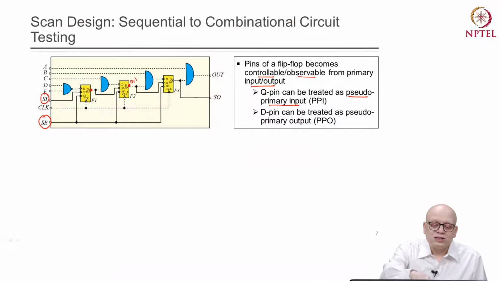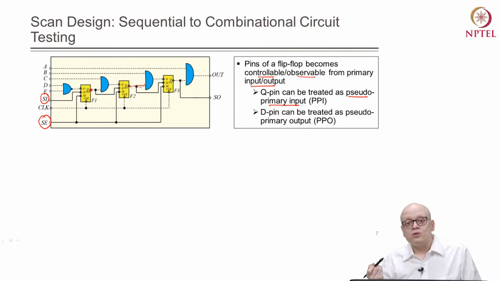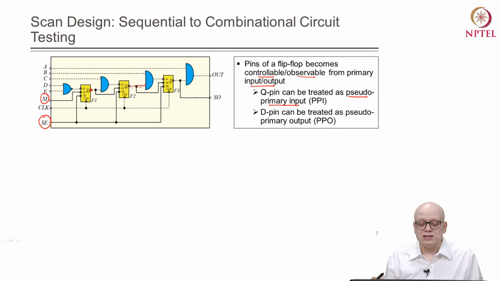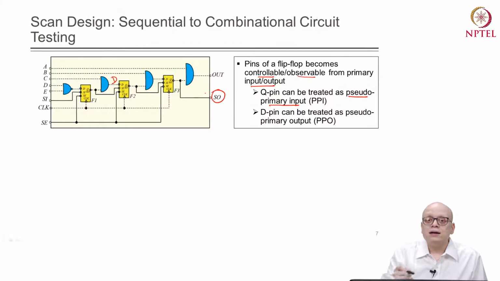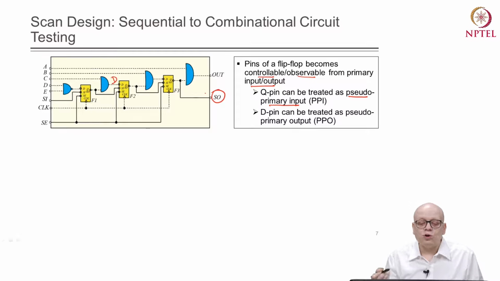In effect, these Q pins can be used to deliver any value, 0 or 1, to the combinational circuit elements in their fan out, and therefore we treat the Q pin of the scan cell as a pseudo primary input after scan cell insertion. Similarly, whatever value is obtained at the D pin can be propagated to the output port SO in a linear number of clock cycles, and therefore the D pin can act similar to a pseudo primary output.